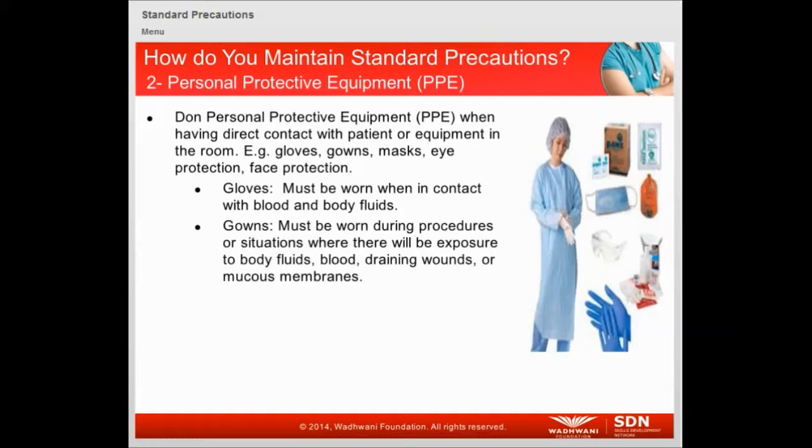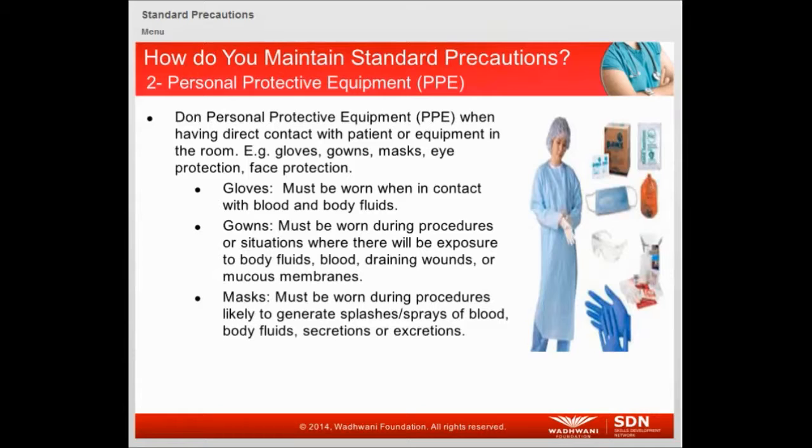Gowns must be worn during procedures or situations where there will be exposure to body fluids, blood, draining wounds or mucous membranes. Masks must be worn during procedures likely to generate splashes or sprays of blood, body fluids, secretions or excretions. Remove and dispose of PPE prior to leaving the patient's room.